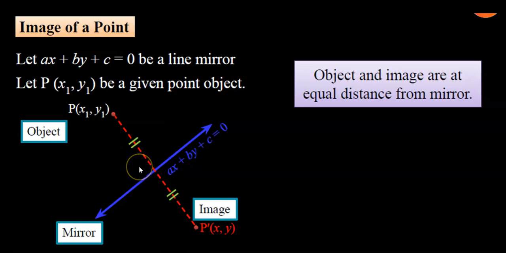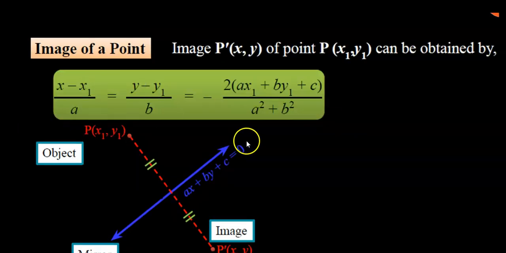Using the principle of physics, object distance is equal to image distance, and using a shortcut formula, you can easily find out the image of a point. This is the shortcut formula you have to remember: (x minus x1) by a is equal to (y minus y1) by b is equal to minus 2 times (ax1 plus by1 plus c) divided by (a square plus b square).